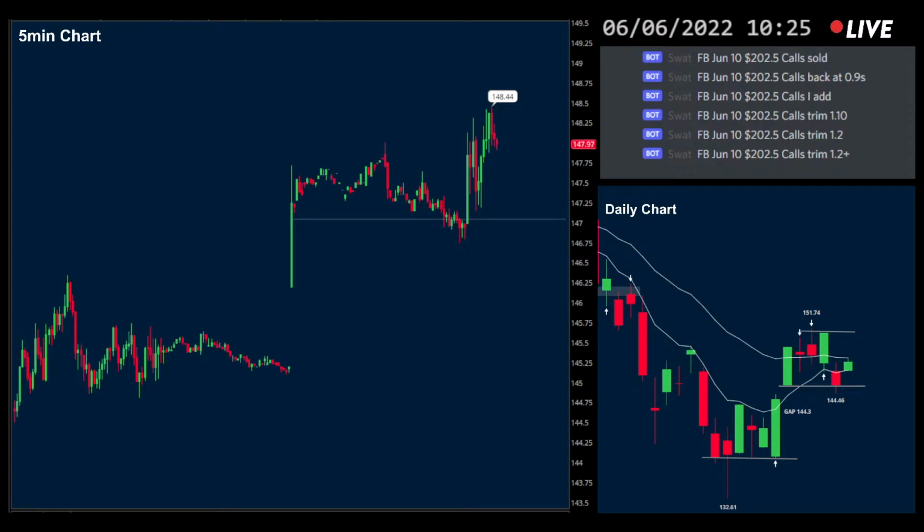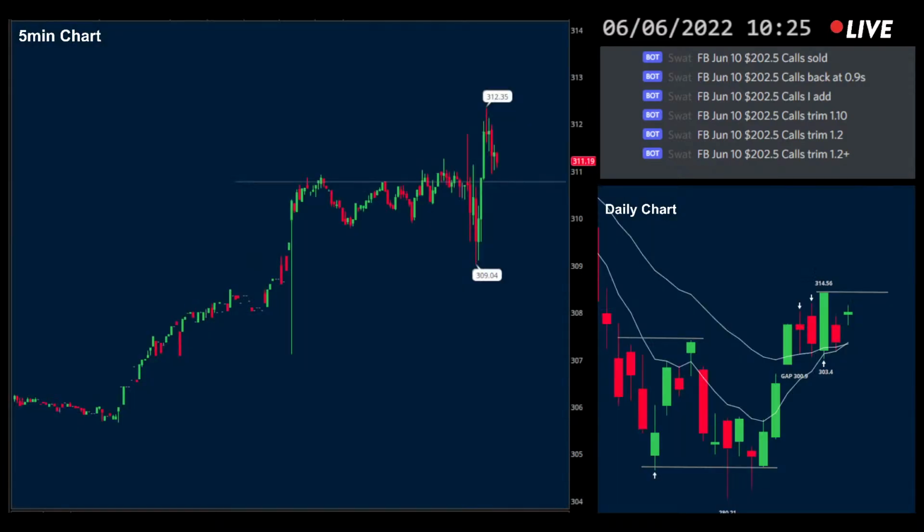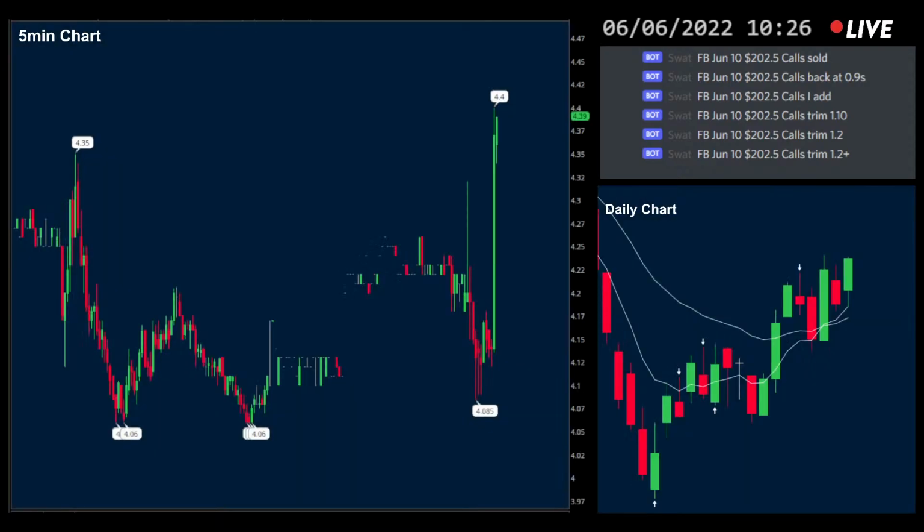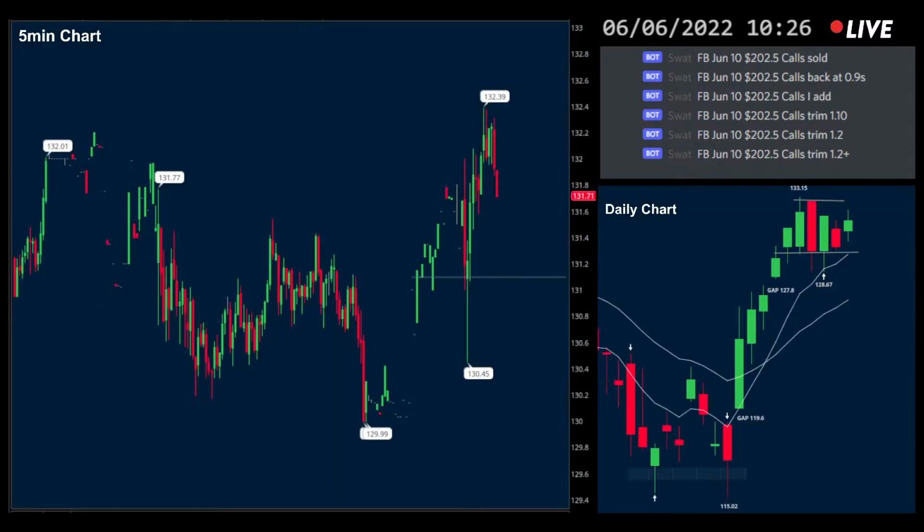Doing some more on Facebook. Yeah, fading now once again. This market is really all over the place. FSLR holding well on that bull flow. JP Morgan now fading.